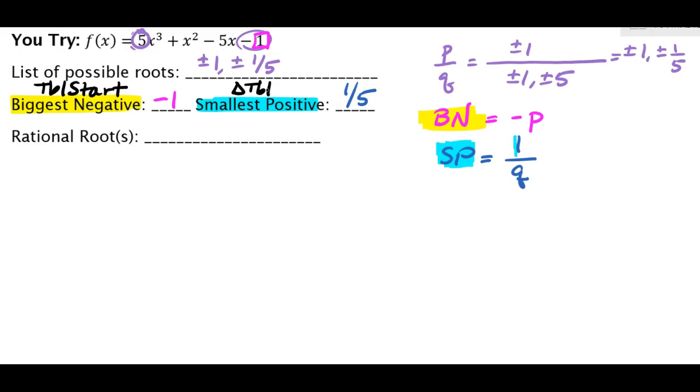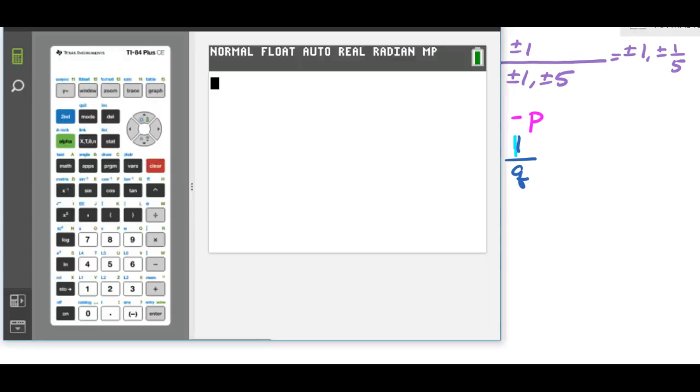So I'm going to go to my calculator, and the first thing I need to make sure that I do, which is something I always forget, is you need to make sure that you type in your function. If you don't type in your function, you're not going to be able to get the right answer, because your calculator won't be calculating the right things.